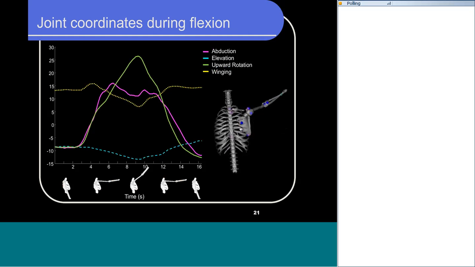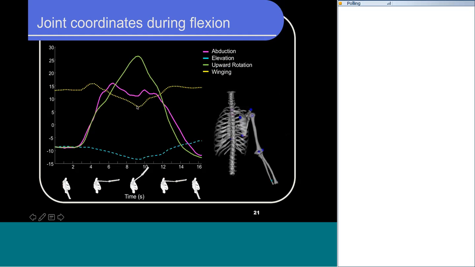And then a slight amount of opposition to winging. So the scapula starts off a little bit internally rotated and then is resisted as the arm is elevated to its maximal extent.